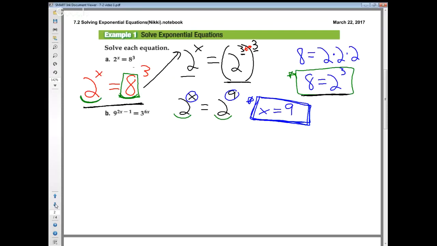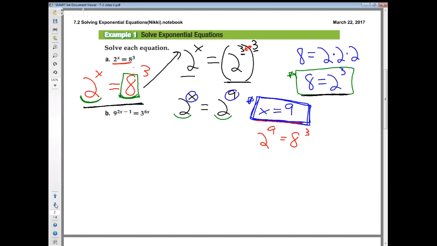And if you're ever curious on whether or not you got the right answer, you can always double check your answer if need be. So in other words, you can take this x equals 9, plug it back into the original equation up here, and see if it's correct. So just out of curiosity, let's go ahead and do that. Right underneath, instead of 2 to the x, let's put 2 to the 9th, and that's going to be equal to 8 cubed.